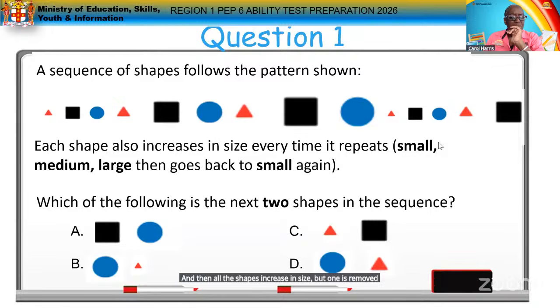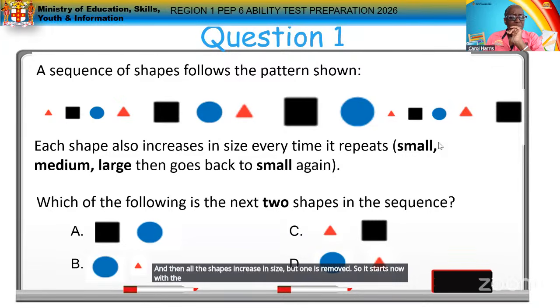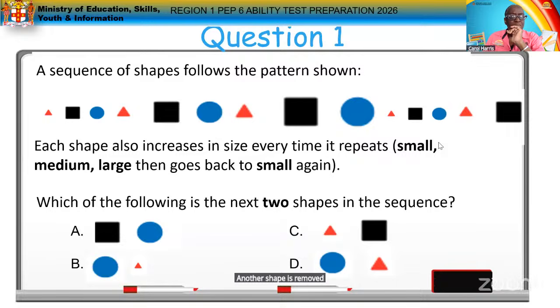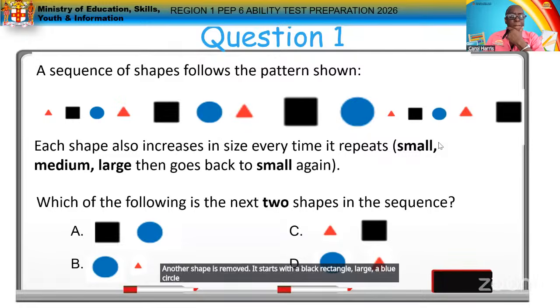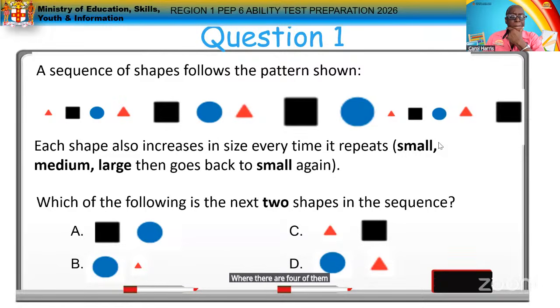So it starts now with the black rectangle, which is a medium size, a blue circle medium, and a medium sized triangle. That's 3 shapes instead of the 4. Another shape is removed. It starts with a black rectangle, large, a blue circle, large. Then it goes back to the original small shapes where there are 4 of them. That's what the student is trying to explain.